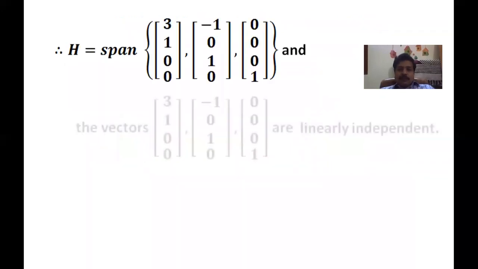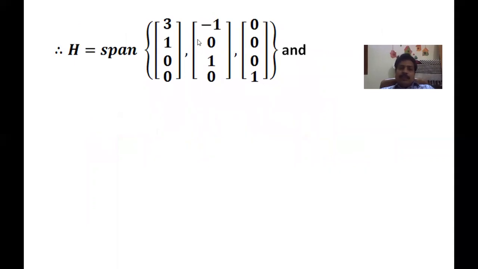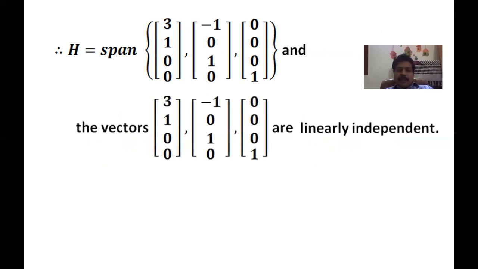So H is equal to the span of these three vectors, and we can see that these three vectors are linearly independent, since no vector is a linear combination of the preceding vectors. The first vector is non-zero, the second vector is not a multiple of the first one, and the third vector is not a linear combination of these two, since you can't get this one with any linear combination of these two, with these two zeros.